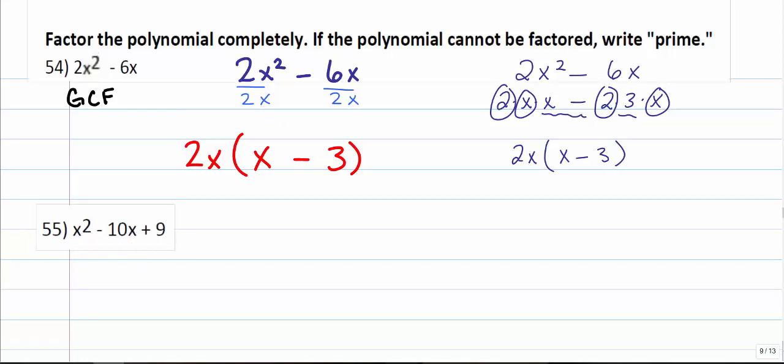All right. So here, there is no GCF on the next one. But what I notice is I have a trinomial, 3 terms, and it has the 1x squared, a number times x, and a constant.